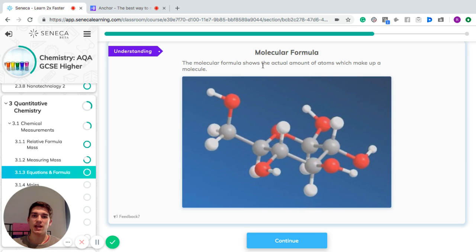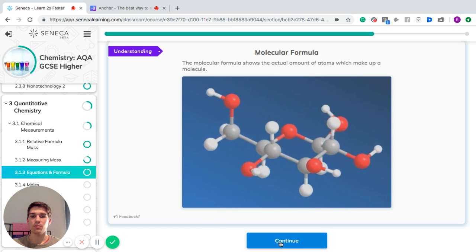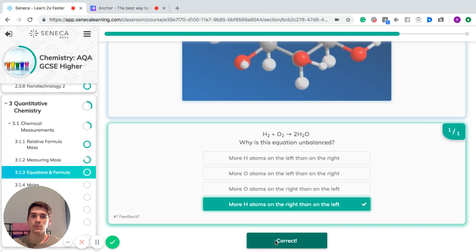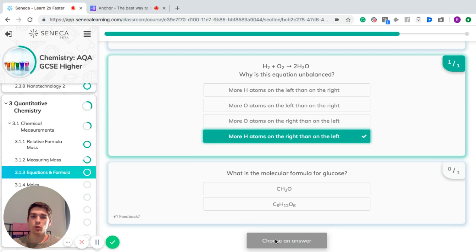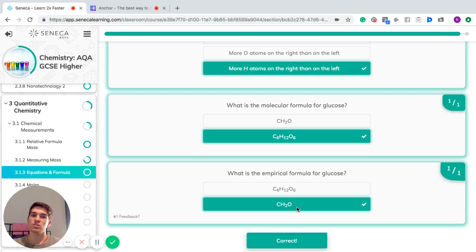And remember, the molecular formula shows the actual amounts of atoms which make up a molecule. Now, the molecular formula of glucose, if we remember, is C6H12O6. And if we want to make the empirical formula of glucose, that's CH2O.